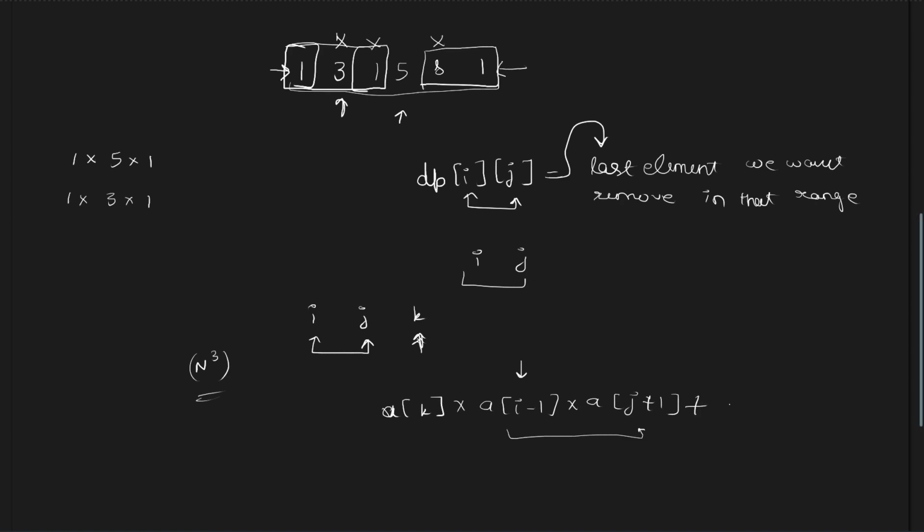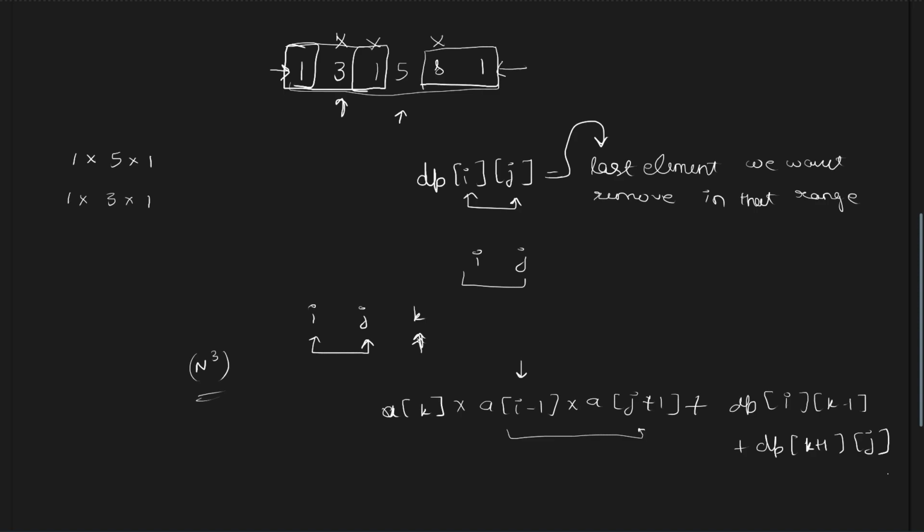Now I'll have to add something to my answer, and that will be dp of i to k minus 1 plus dp of k plus 1 to j. So I've decided that the kth element will be the last element to remove.